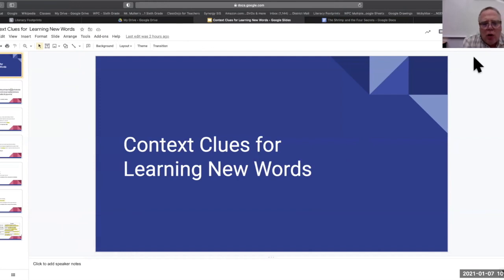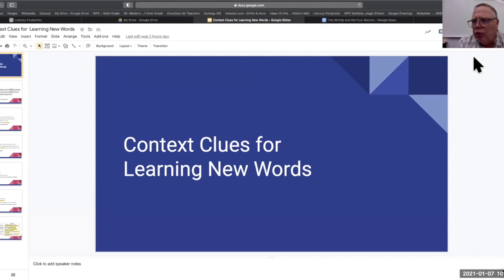Now, the whole thing is that our main strategy, whenever we come upon a word that we're reading and we don't know its meaning, and it's really an important word, we have to find its meaning if we're going to get the meaning of the whole text. We always go with that strategy that looks at the context first. We look around the word for clues.